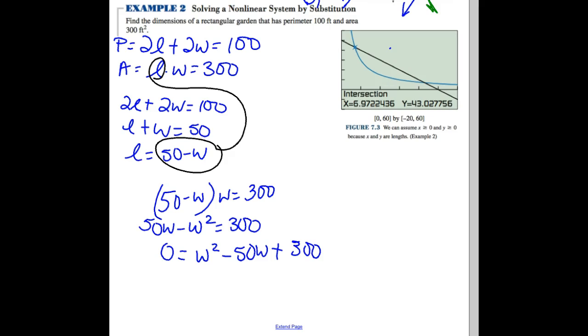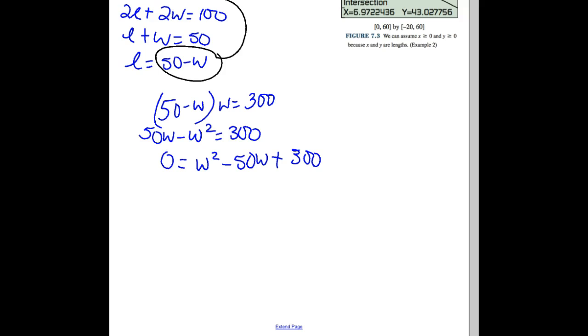Okay. Now, typically with a quadratic equation like that, we would try to factor it. Okay, this one is not factorable. What's our other option if it's not factorable? Quadratic formula. All right, so let's plug this into the quadratic formula. W equals, we need the opposite of B, so the opposite of negative 50 would be positive 50, plus or minus the square root.